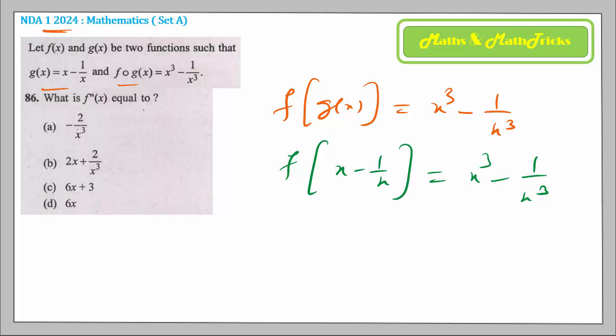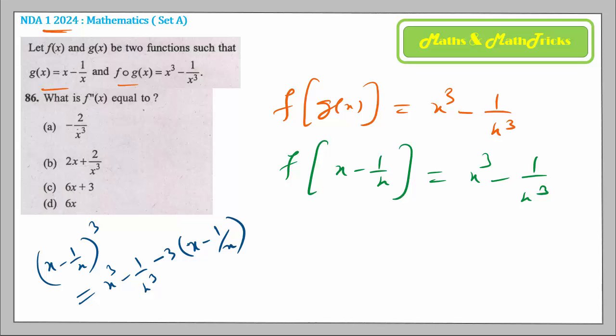See, you know that x minus 1/x the whole cube will be x cube minus 1/x cube minus 3 into x minus 1/x. Okay, so you want now this term to be 0 so that you get this resultant. So this term you can add then.